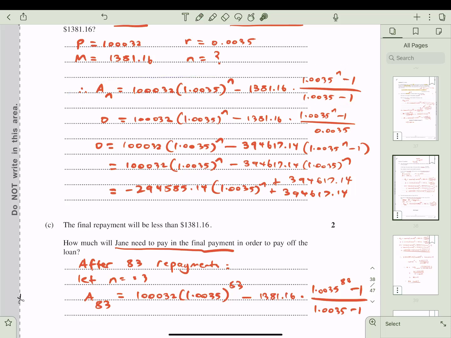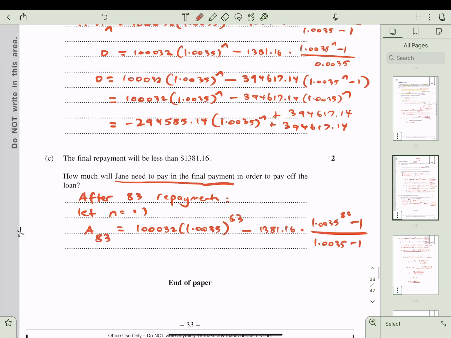Okay, now when you sub that into your calculator, you should just get 928.29. And most students, I would say, a good chunk, 90%, would just stop there. But what have we not considered? The reason why this question is quite tricky, and the reason why this one is actually very hard to get full marks in, is because this is after 83 months.